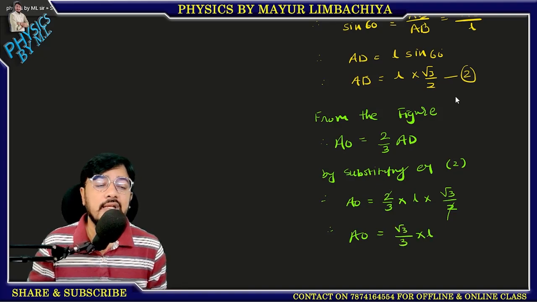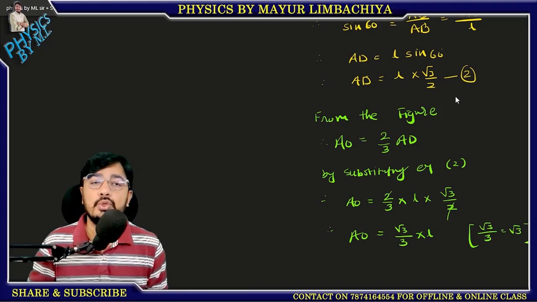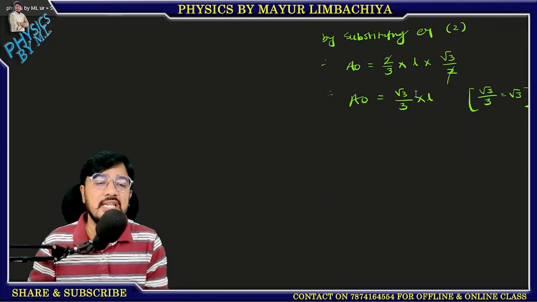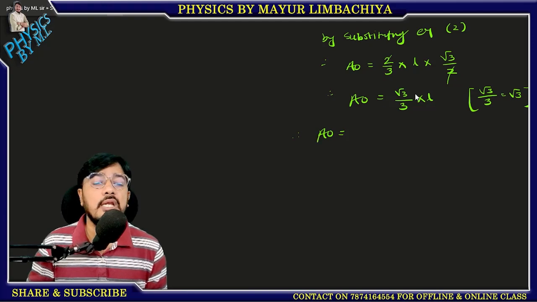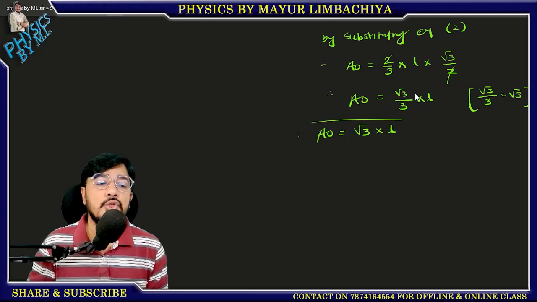Now what is root 3 by 3? Can I write like this? Root 3 by 3 is always equal to 1 by root 3. So here in this case, I can write now AO is equal to L by root 3. So dear students, now we have AO.